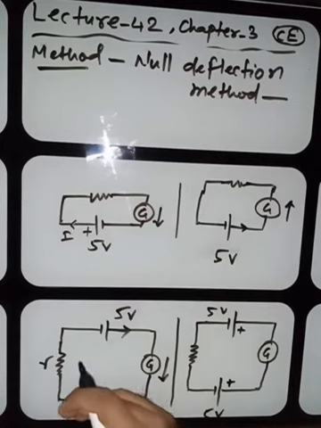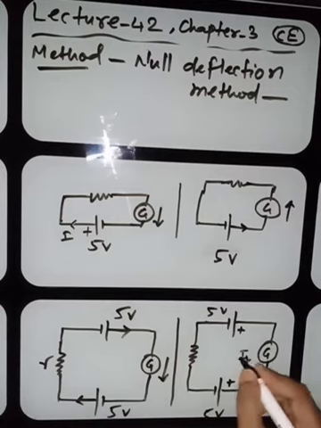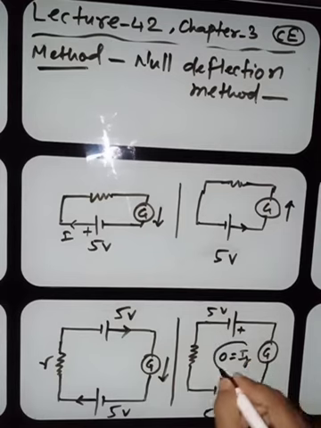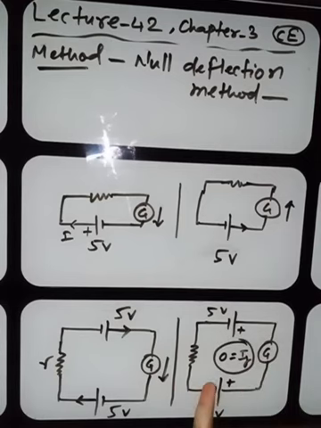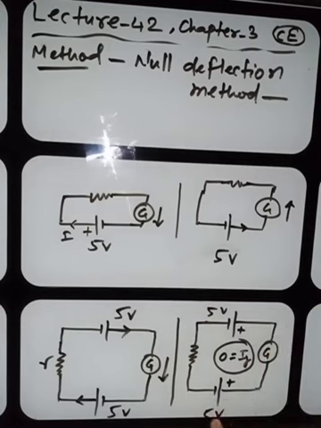My dear students, the answer is that this galvanometer will not deflect anymore. The current I will be 0. This is the proper way to understand the null deflection method of the potentiometer. We will apply the potentiometer wire over here and see that there is no deflection in the galvanometer.